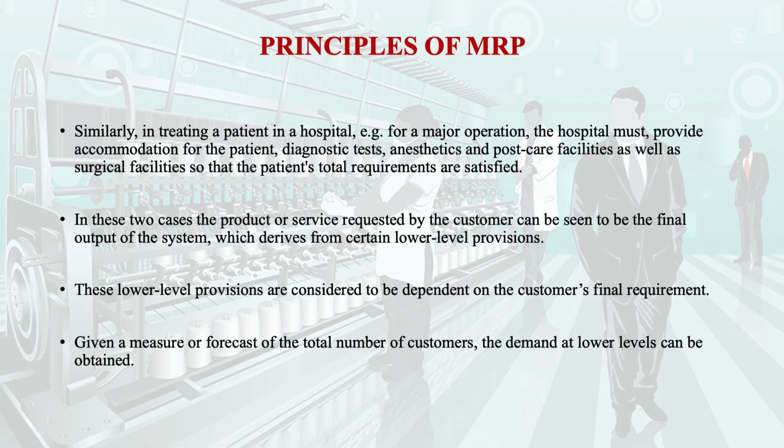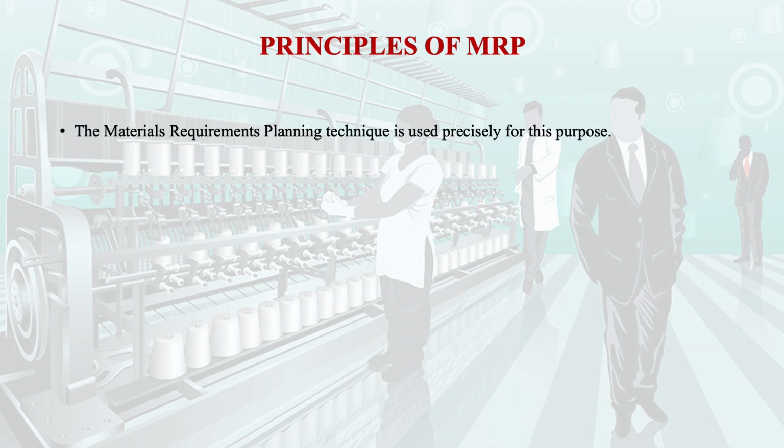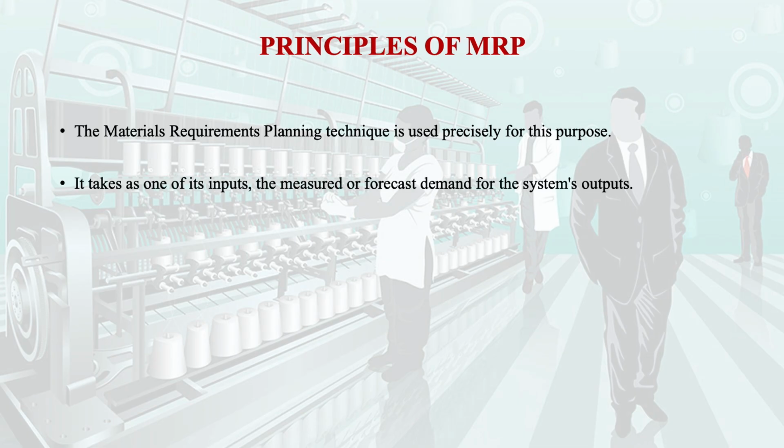Given a measure or forecast of the total number of customers, the demand for lower level components can be estimated or obtained. The material requirement planning technique is used precisely for this purpose. It takes as one of its inputs the measure of forecast demand for the system output.